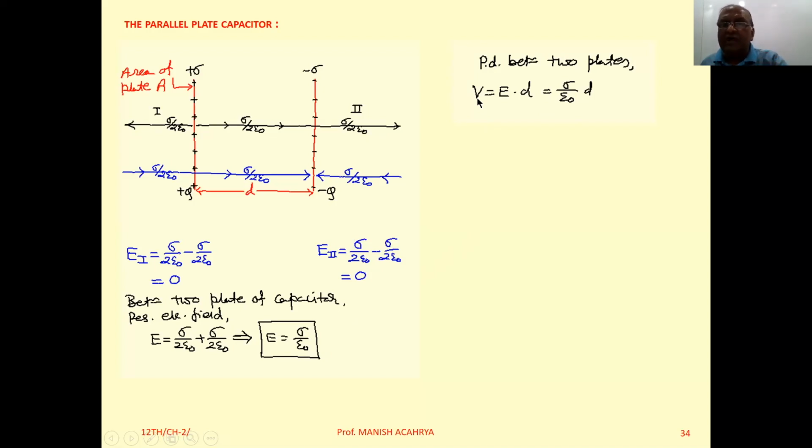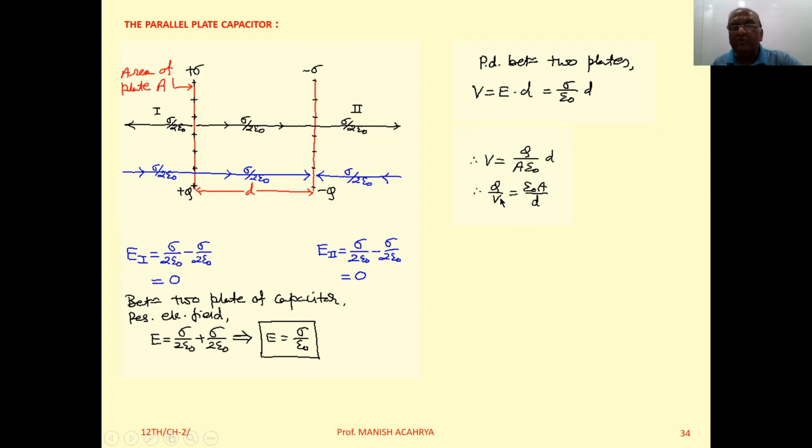Now we want to calculate capacitance, and for capacitance we require Q. Now replace this sigma, surface charge density, which is charge upon area. So replace this surface charge density by Q upon A, epsilon 0 and d as it is. Now from this equation take the ratio of Q to V. So that is equal to epsilon 0 A by d.